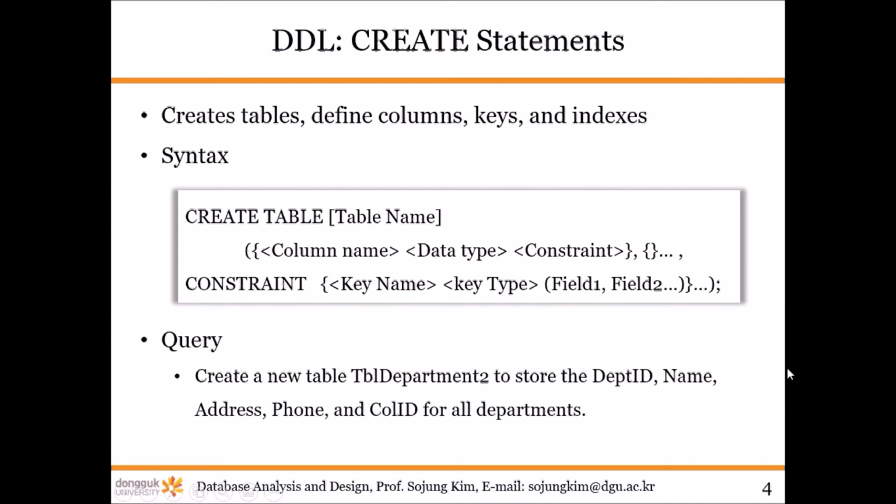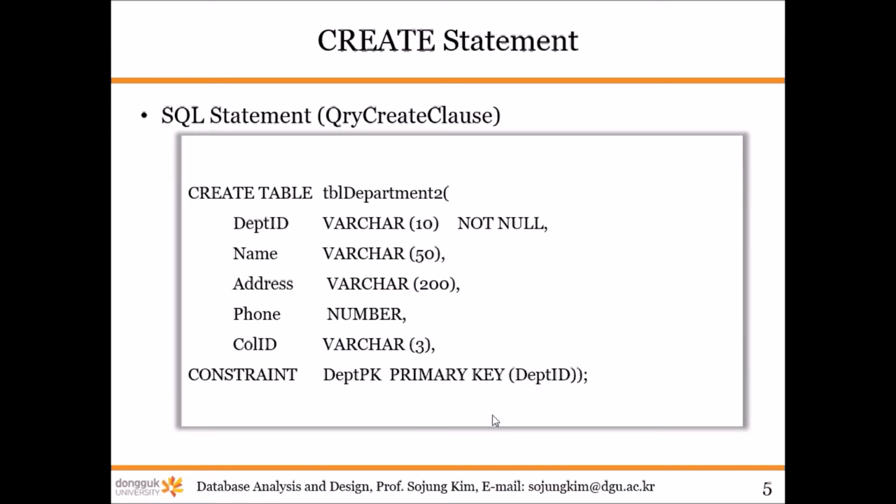Okay, so let's create a new table called TBL department2 to store the department ID, name, address, phone, and college ID for all departments, right? So here is the SQL statement, and then we will write down this one. So in Access, let's open the Access file actually given to you.